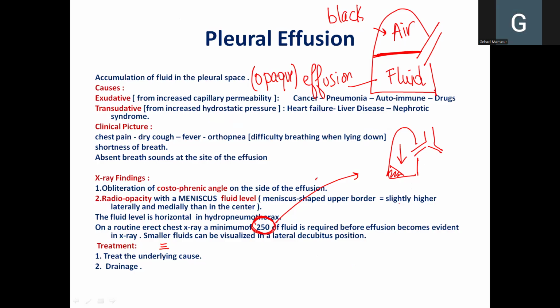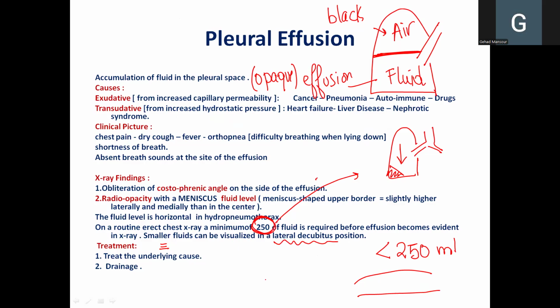But if there is minimal fluid, less than 250 milliliters, you would be able to visualize it only when the patient is in recumbent, lying down, and in the lateral decubitus position, meaning that he is lying on one of the sides, flexing his legs.